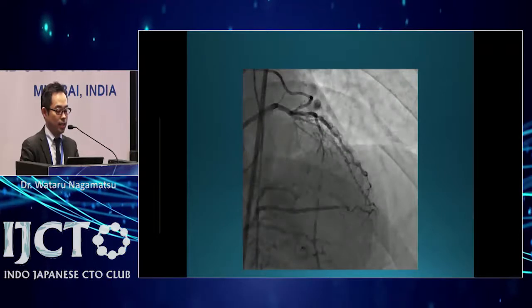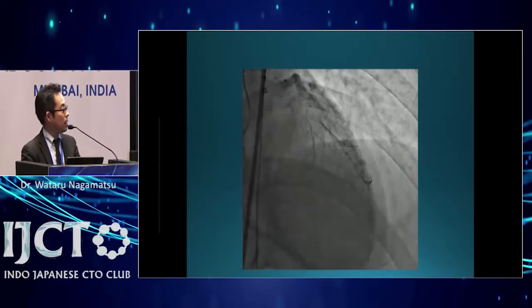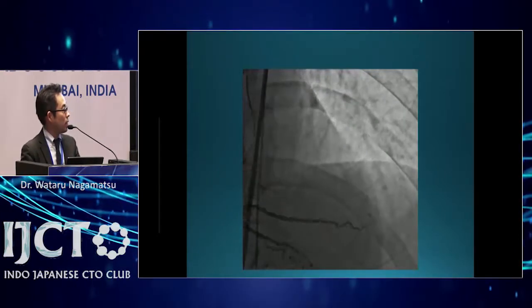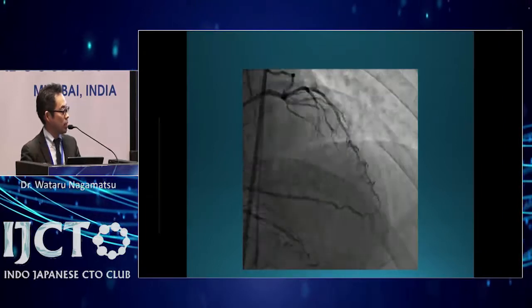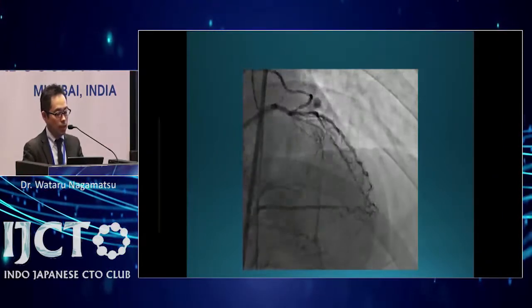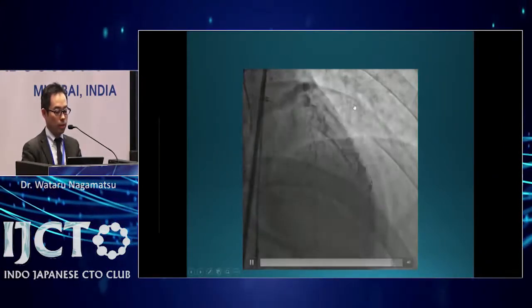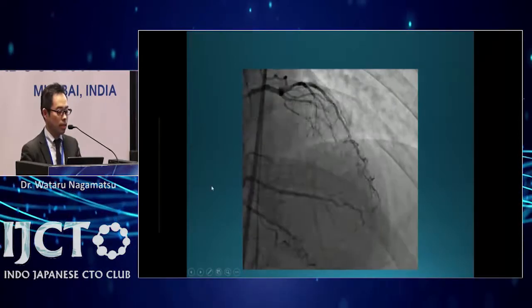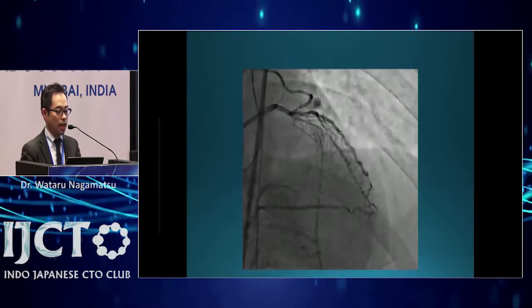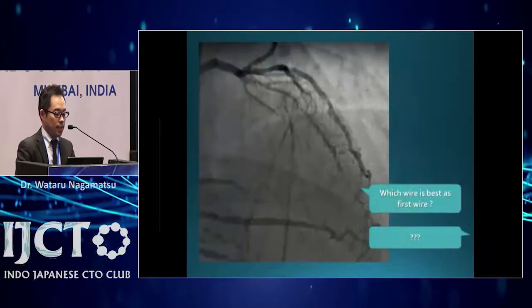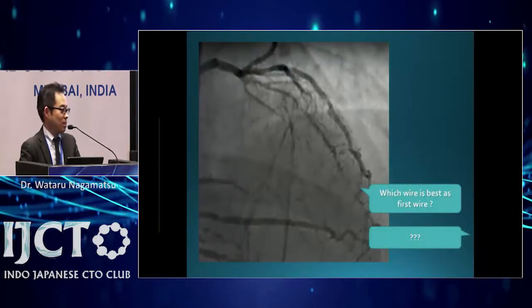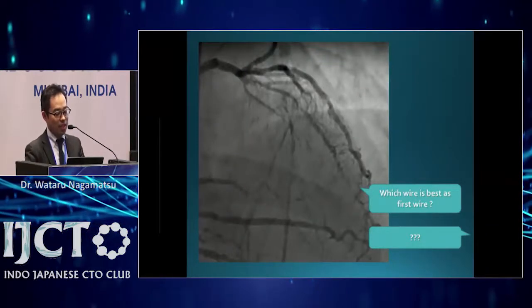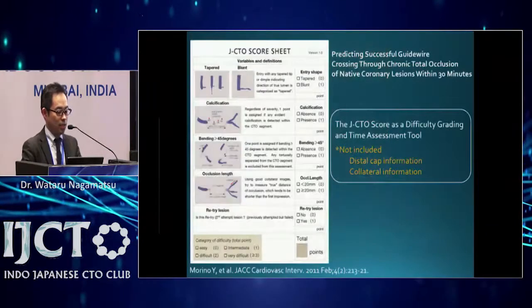This is also a J-CTO case, but another one. This time I performed bidirectional injection simultaneously, and we can see the lesion from here to here. Which wire is best as the first wire? Yeah, a very difficult question, and this kind of situation usually bothers me.